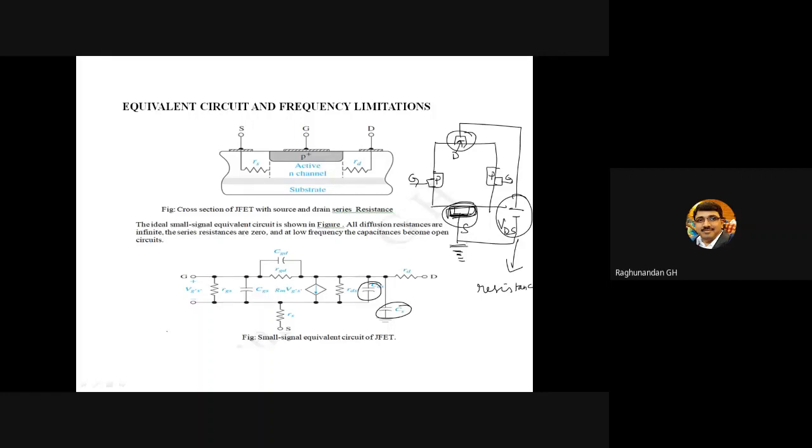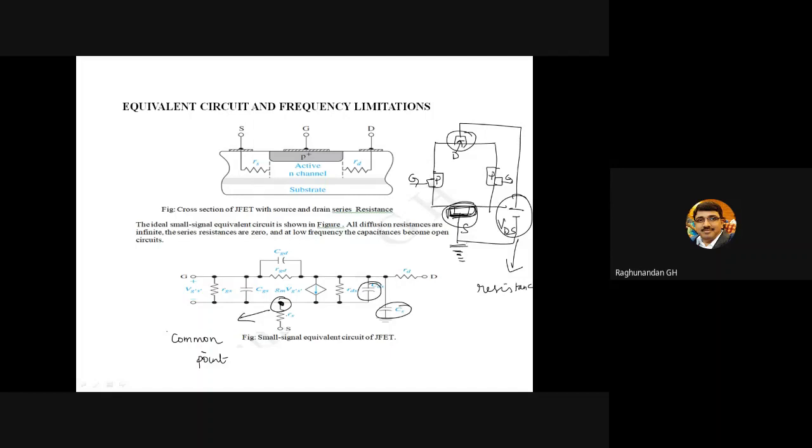And here you should see that the gate to source is connected from this point. It is not connected directly to the source terminal. It will be connected to the common point. Even in the breadboard connection, we will have this common point. So all your source connections will be here.